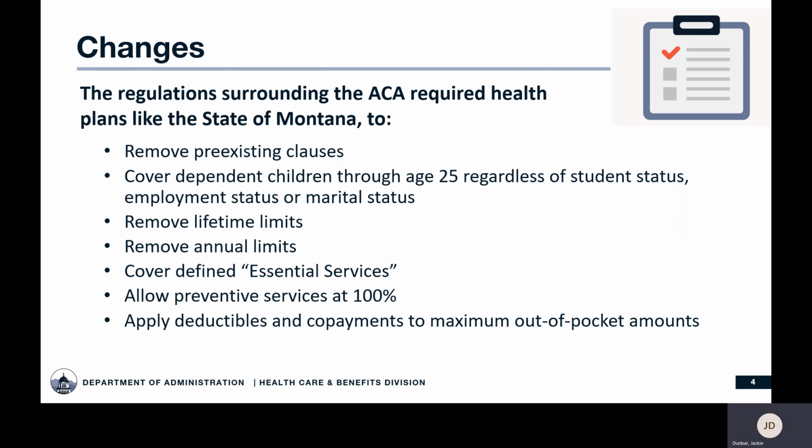The state plan expanded preventive services and now covers all preventive care required by the ACA at 100% of the allowed amount. The state plan also includes an annual $1,000 individual deductible and $25 or $35 copayments in the $4,000 individual maximum member out-of-pocket amount.